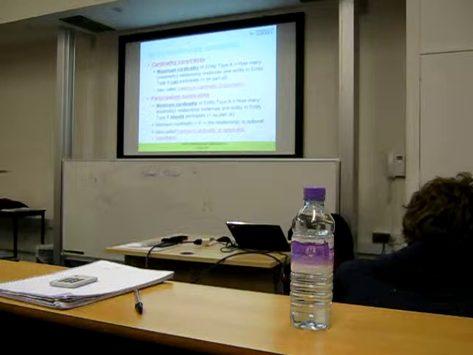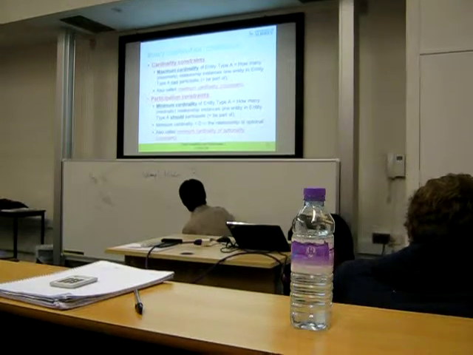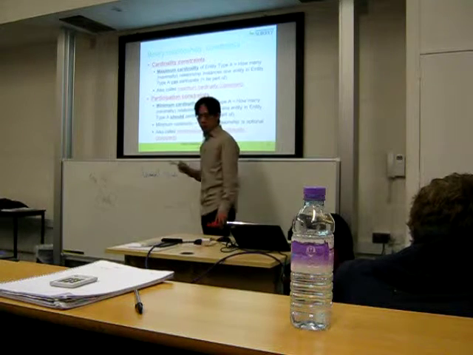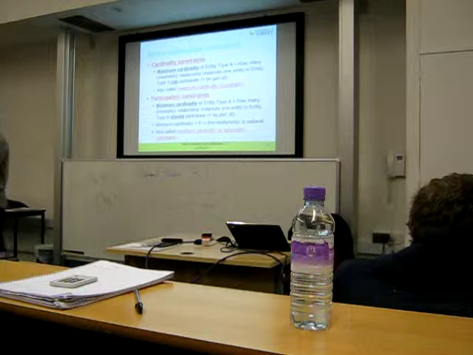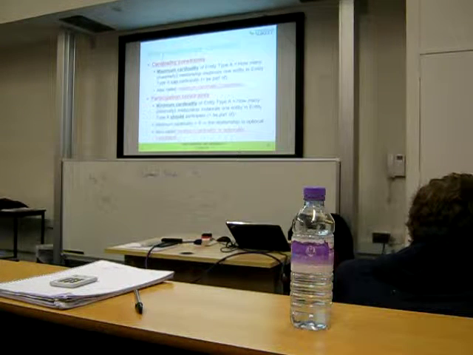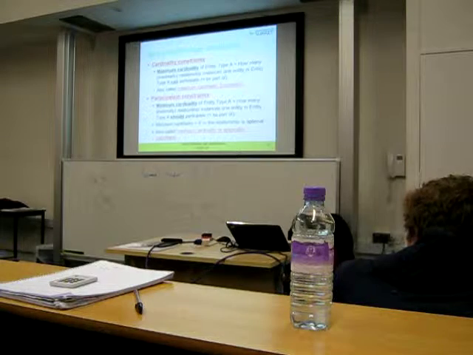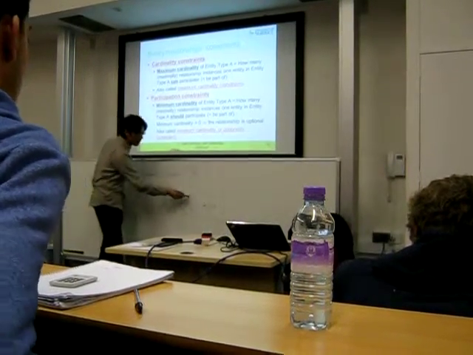So let's say B is project. The minimum equals 0 basically means 24, as an entity in the entity type academic, does not necessarily have to have a link with anything in the project.